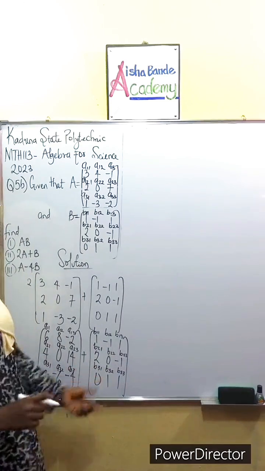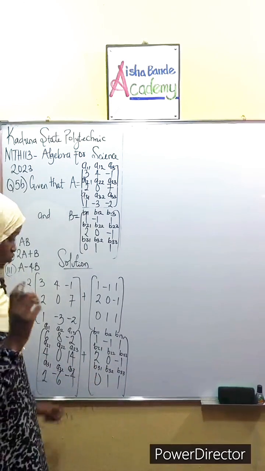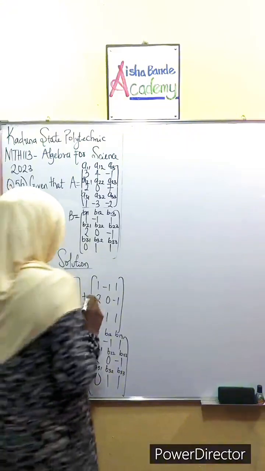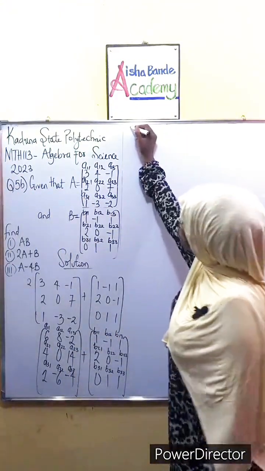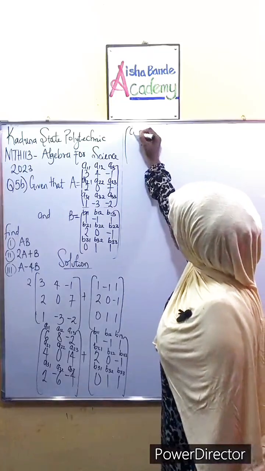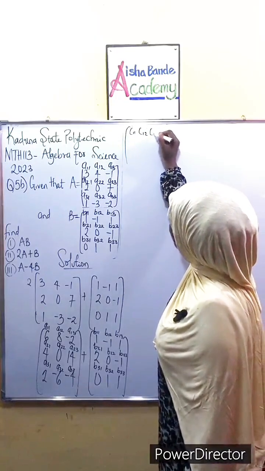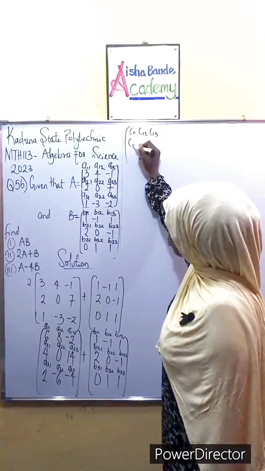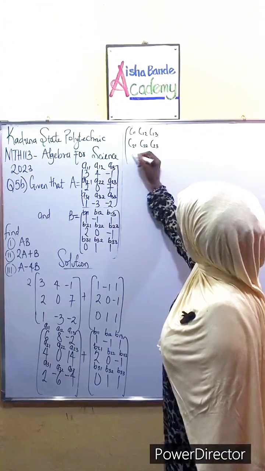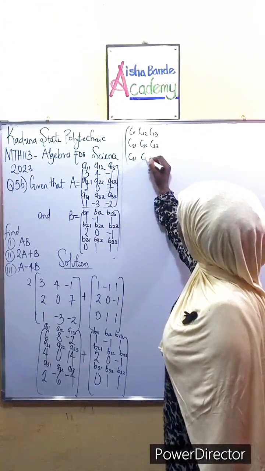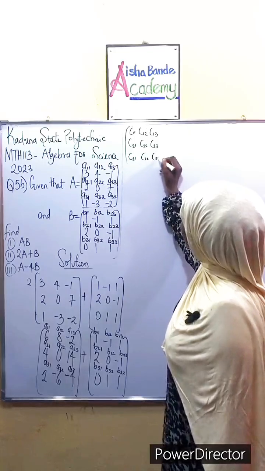So when we add these two together, it's going to give us a third matrix, which is matrix C, and the matrix is going to be C11, C12, C13, then C21, C22, C23, then C31, C32, C33.